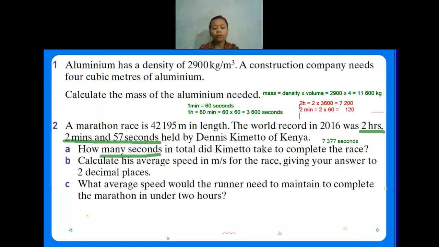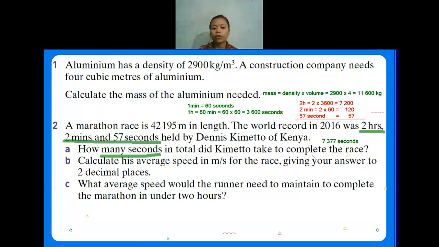For the 57 seconds, because it's already in seconds, we just copy it directly. Then you can use your calculator to add all of them. In total, it will be 7,377 seconds.